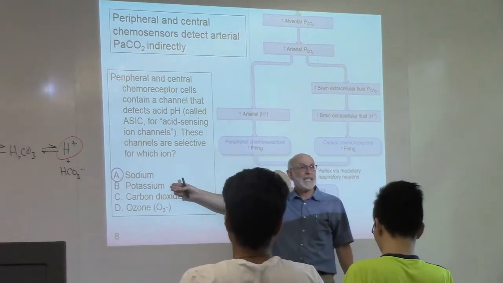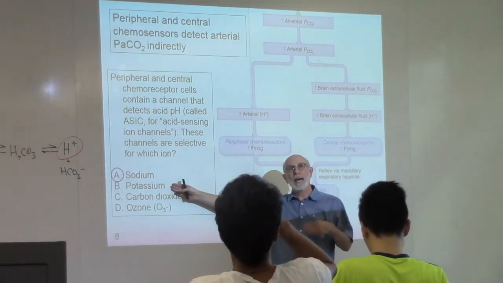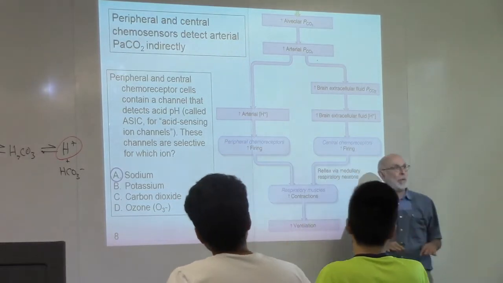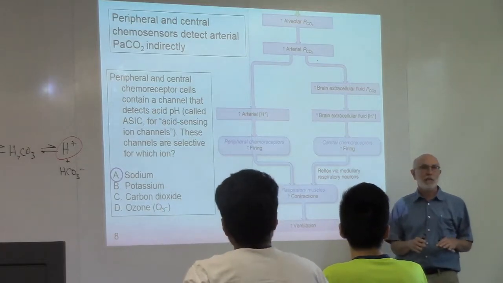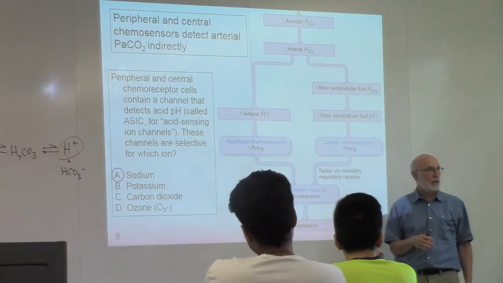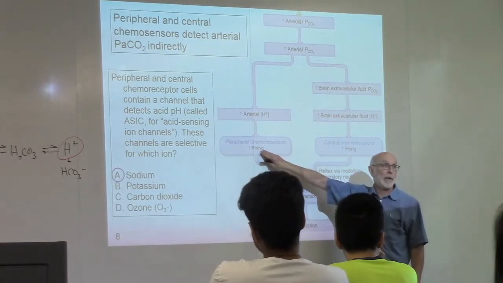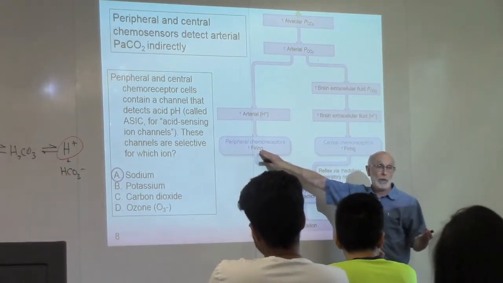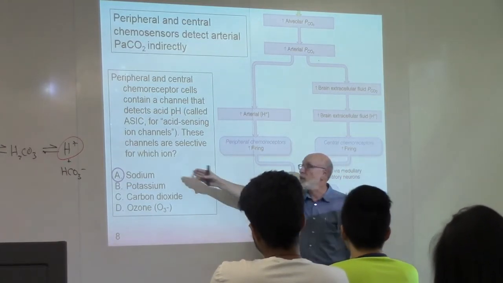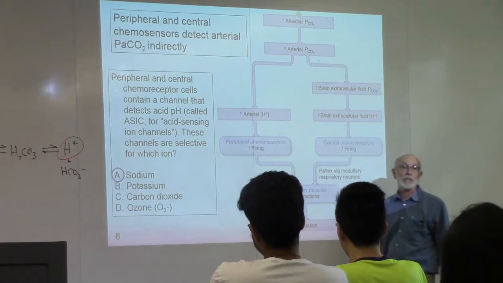If you chose potassium only, you were wrong, because if you activated a potassium channel by acid, that would cause the neuron to hyperpolarize, and that would decrease the firing rate, not increase it. That's the concept that I'm trying to get you to know here. Acid-sensing ion channels cause an increase in the firing rate. That means they bring the cell to threshold more, which means they depolarize more. And the thing that causes depolarization, going all the way back to the beginning of the semester, is influx of sodium. So these channels are sodium selective.